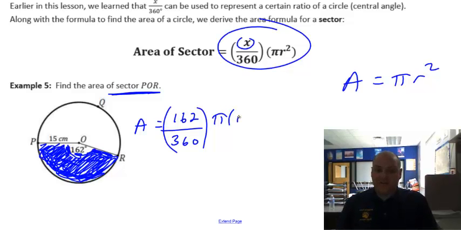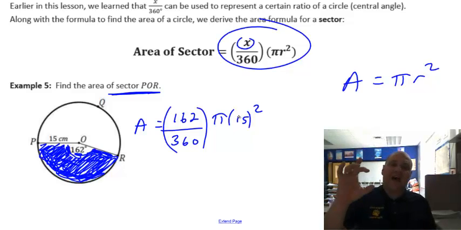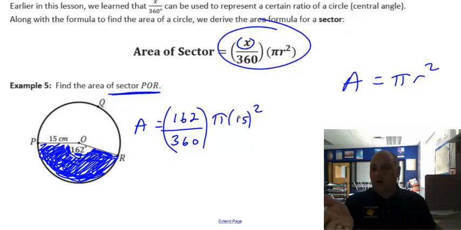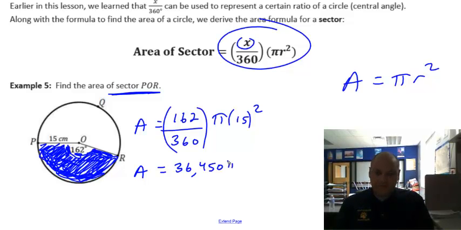R is 15. So we just do 162 out of 360 times pi r squared. Pretty basic here. This is going to be 36,450 pi over 360. Again, I did it ahead of time to save you time on the video.